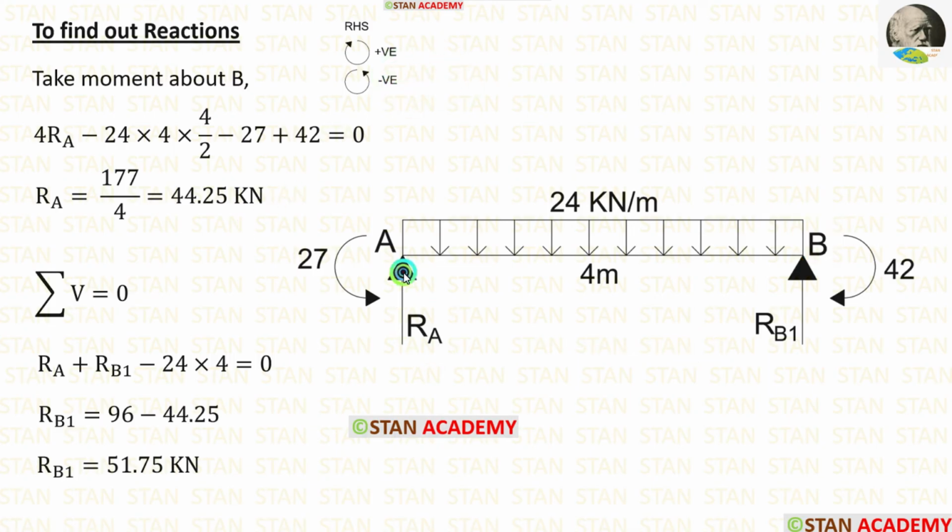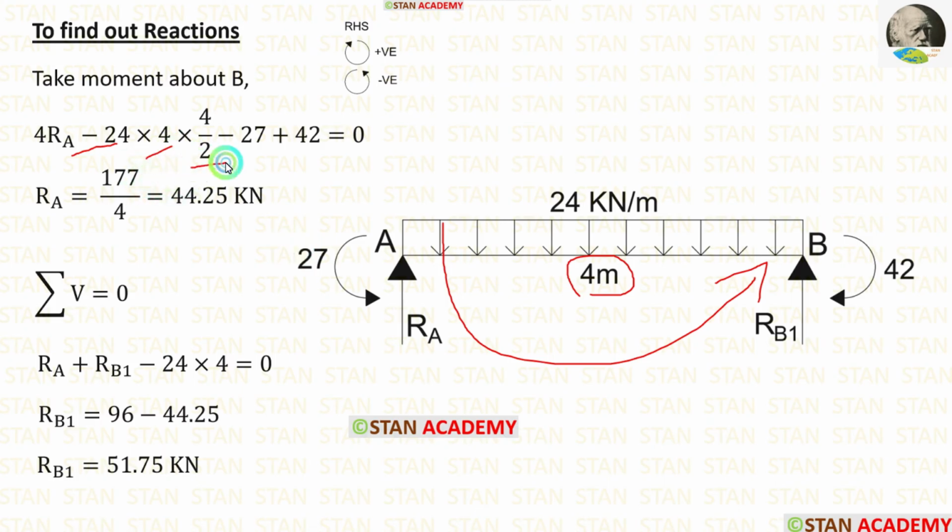The vertical reaction RA is acting towards the point B in the clockwise direction, so it will be positive and the distance is 4 meter. So 4 RA. The UDL is acting towards the point B in the anti-clockwise direction, so it will be negative. For the UDL, we have to multiply with the distance and distance by 2.